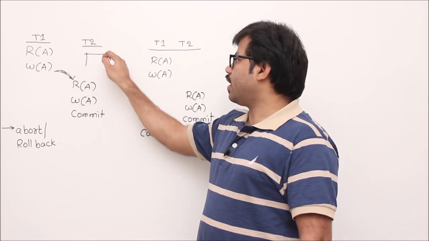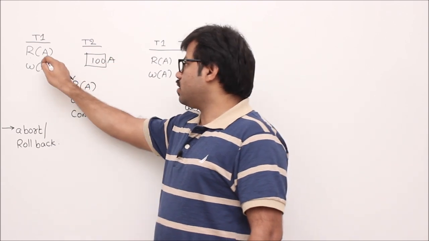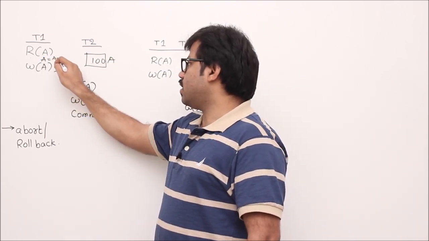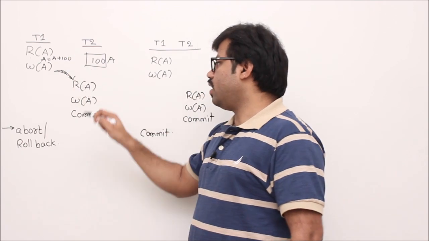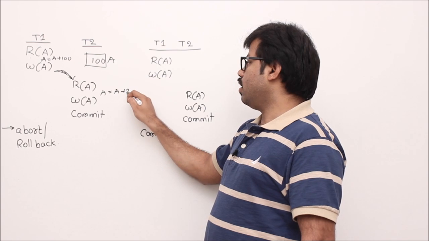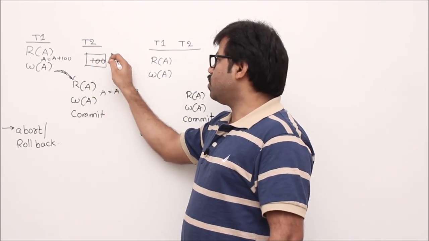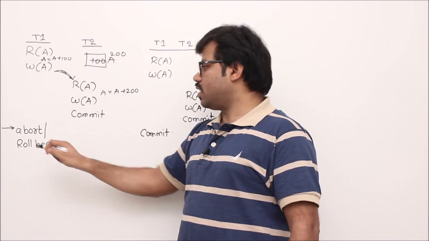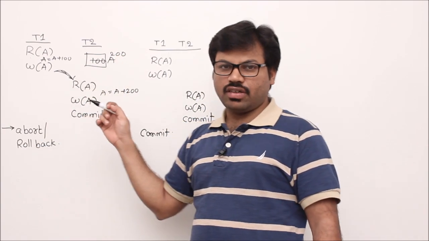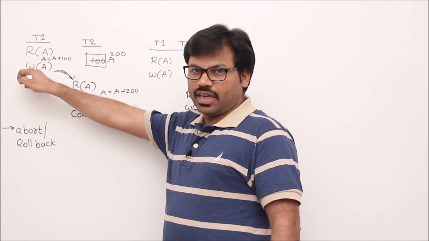Let me take A's value and explain. Initially A is, let's say, 100, and transaction T1 is incrementing it by 100 and transaction T2 is incrementing it by 200 in this scenario. So initially A becomes 200. That is wrong data because it is going to be cancelled, because I know the future. Your DB doesn't know.